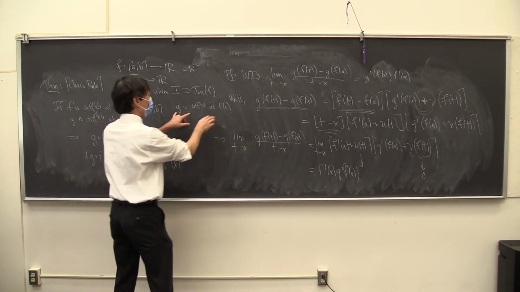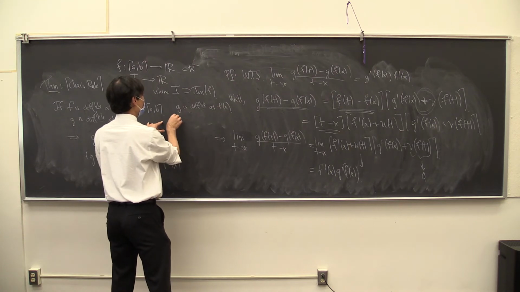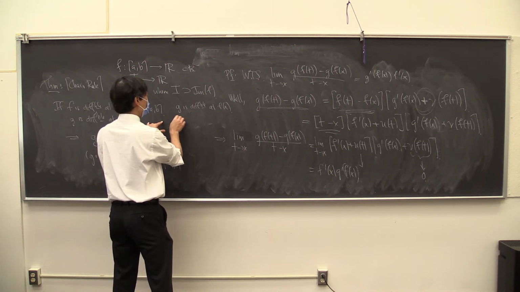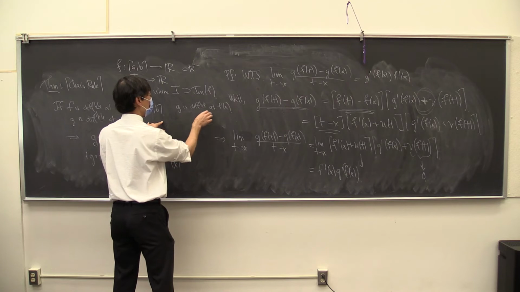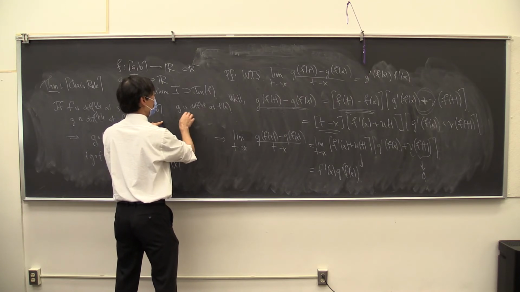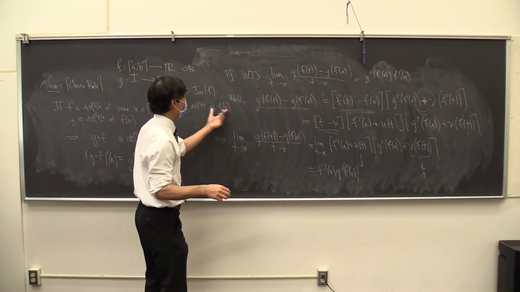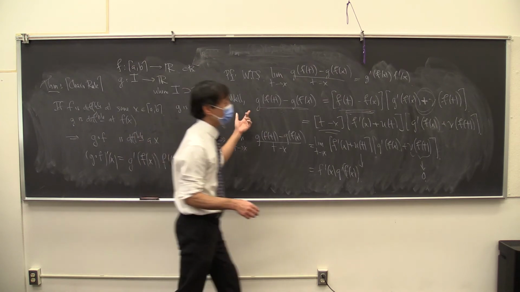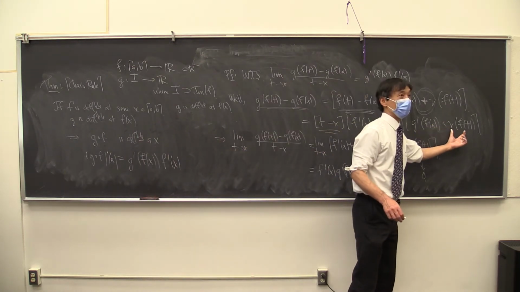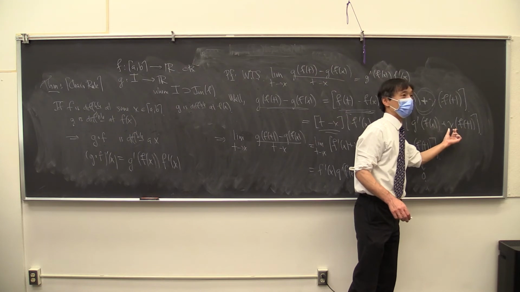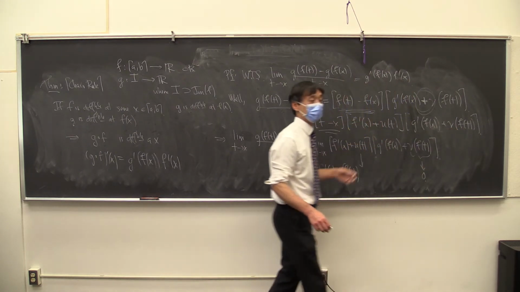So we know that the function near f of x is approximable by the tangent line plus some error. This is the error for that.